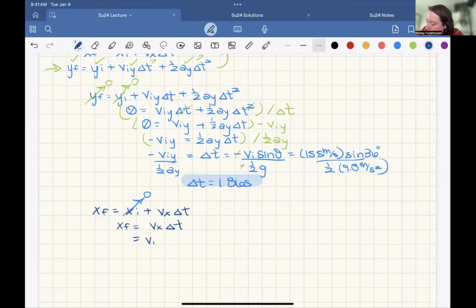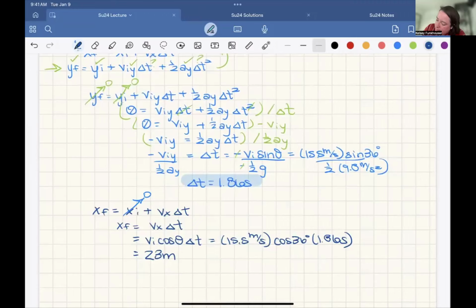And then velocity in x is the initial velocity times cosine of theta. So now we'll just plug those in: 15.5 meters per second, cosine of 36 degrees, times 1.86 seconds. And this gives us a final position of 23 meters. So that's the range. And remember, the range is just how far it travels in x.